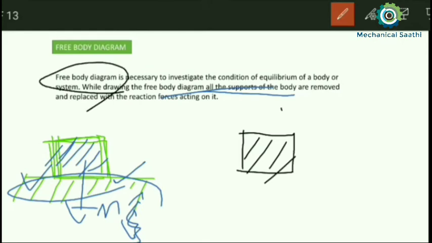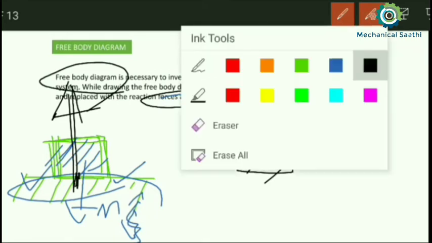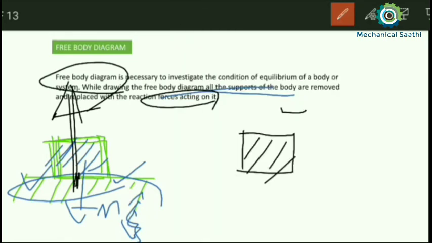After that we need to show the forces acting, and the reaction forces also. The reaction force I will get over here, acting directly opposite to the weight force. First let me show the weight force, which acts downward, and the weight is given as mg.